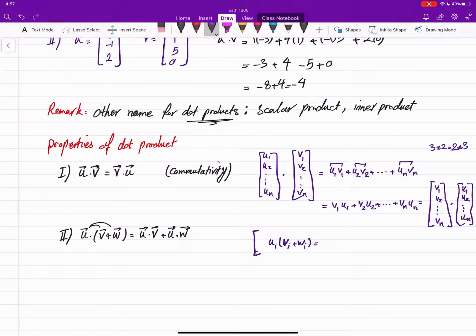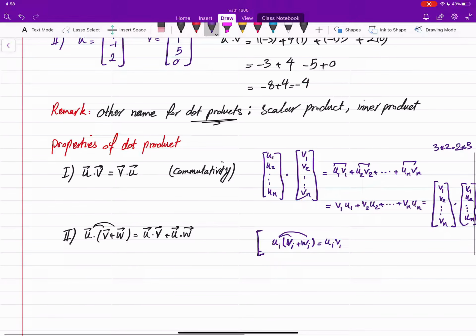These are numbers, and in the numbers we have this distributivity, so you get ui vi and then ui wi. This is the key point in the proof of distributivity of vector dot product and vector addition. So this is called distributivity.